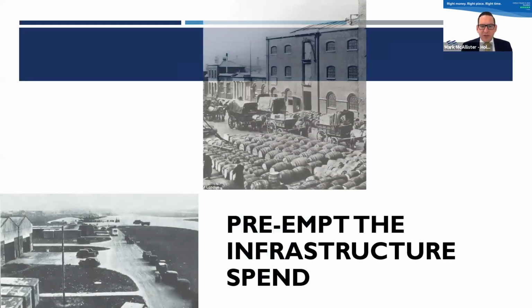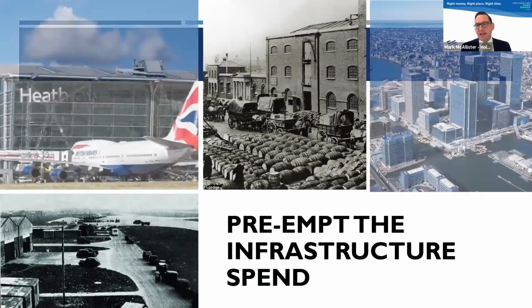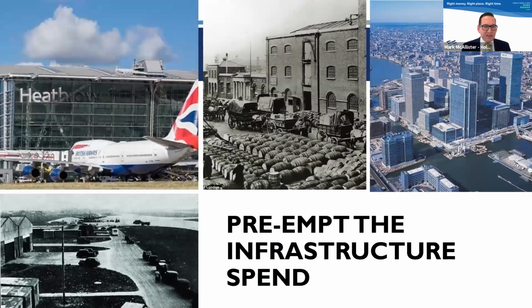Whether it's the man that stood in a windy field in West London where what became Heathrow Airport, or the derelict docklands that transformed into the powerhouse and financial centre that's Canary Wharf, property investment has always followed infrastructure spend. The gains made by those who invested before Crossrail was built across London saw significantly above average gains in recent years.